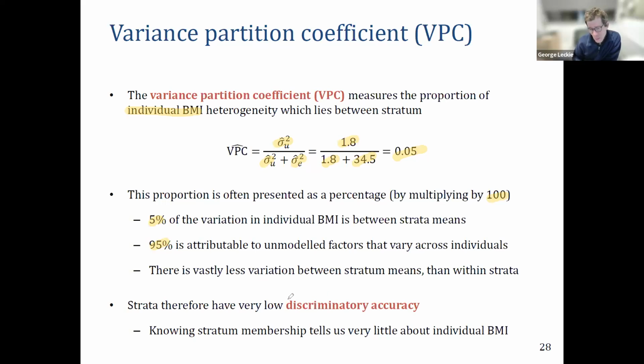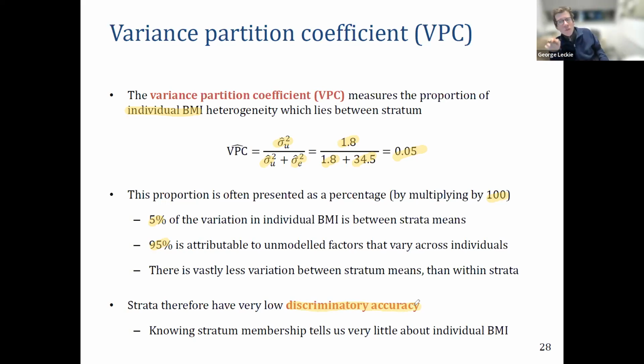And this links into the topic of discriminatory accuracy, which is an important feature of the approach. MAIHDA is multi-level analysis of individual heterogeneity and discriminatory accuracy. By that, in this context, we mean how valuable is knowing stratum membership? If I know which stratum you belong to, how predictive is that of your individual BMI?